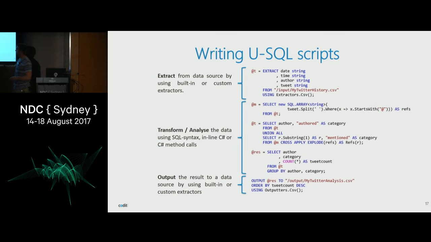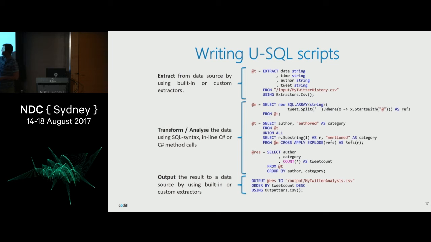And then you can just transform and analyze the data how you want using SQL syntax inline, for example, over here, or over here. Or you can also use method calls. It's however you want. And then at the bottom, you basically output the result of your script to another location.